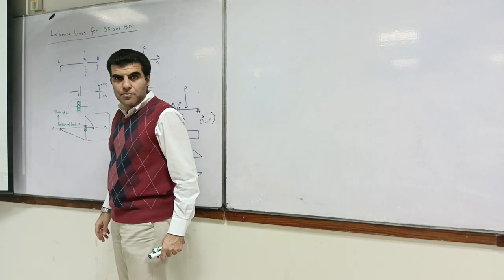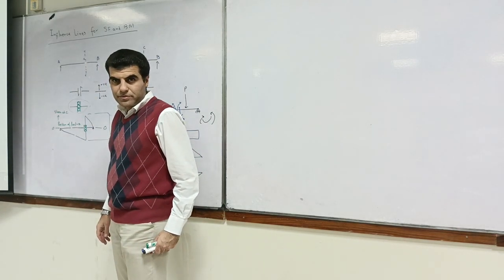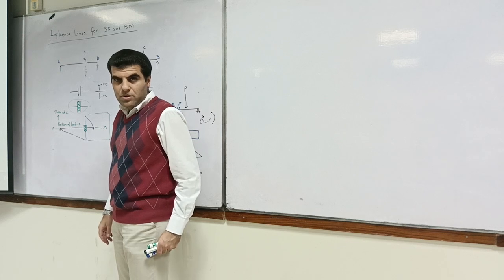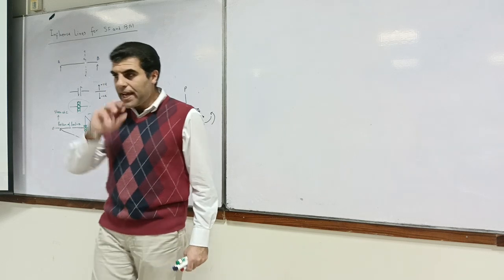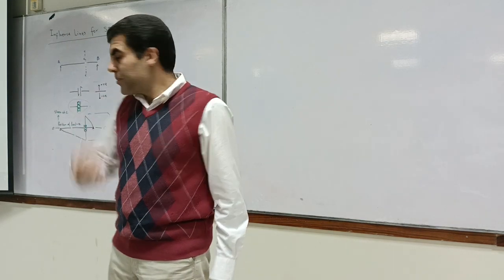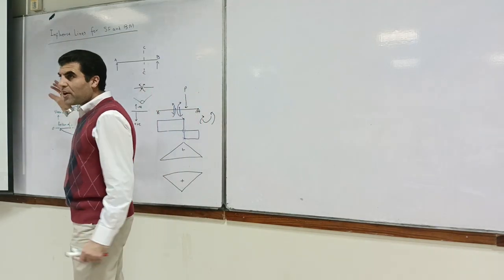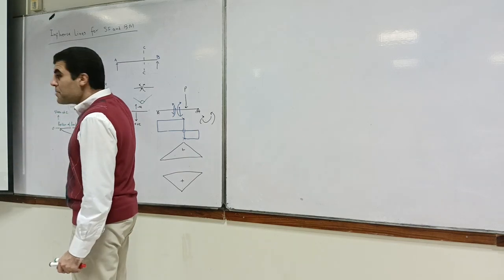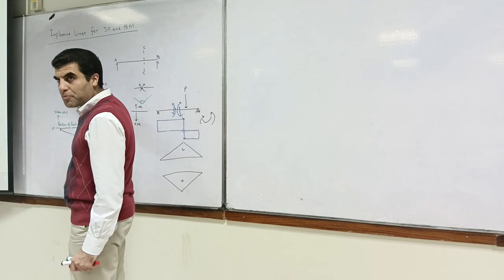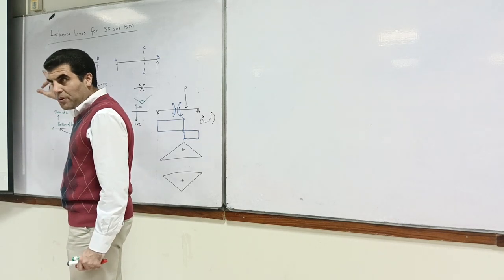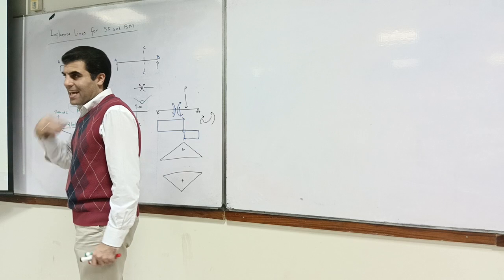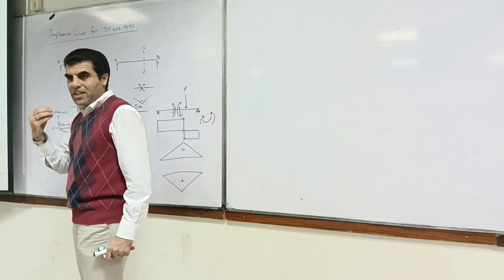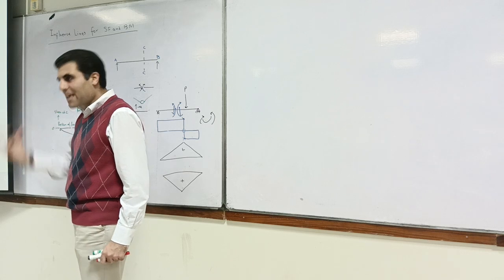Sir, how can we make a result out of it? Like, how can we say, make a bridge of this design that can resist this much shear force? So the thing is, there is a question. The question is that if we have any point of interest in between the two supports, and we want to draw the influence line of that particular point, then at that point we will have maximum shear.